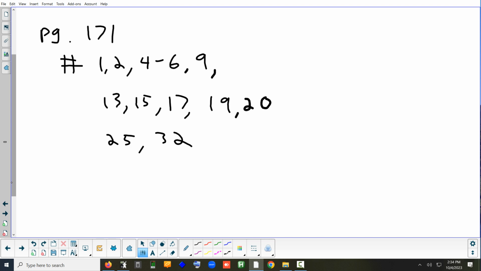Again, just do the remainder theorem the way I showed you. Let's skip 25 and 32.